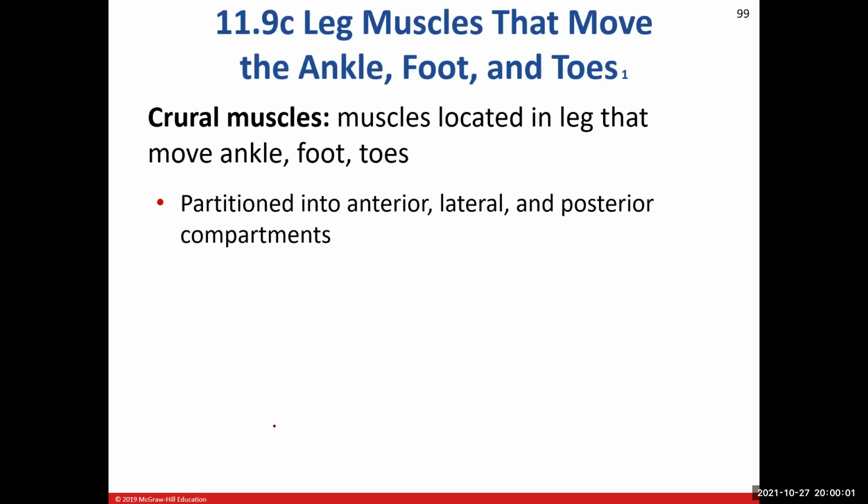So we have 3 compartments when we're down in your leg, pretty much from the knee down to the ankle. That's the leg, and those muscles there we refer to as the crural muscles. So we have 3 compartments: anterior, lateral, and posterior.